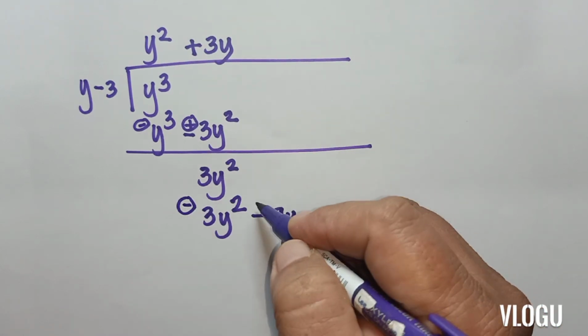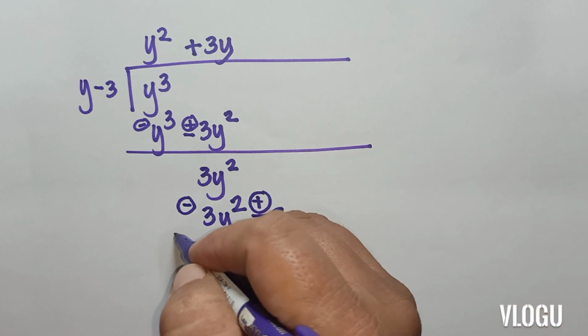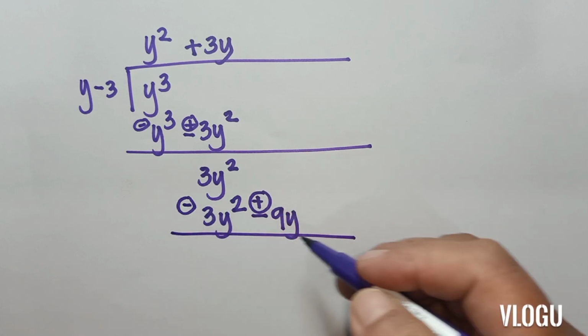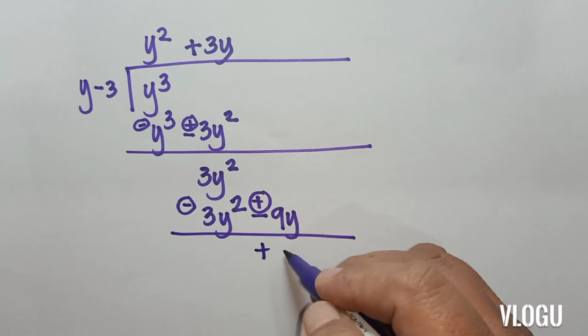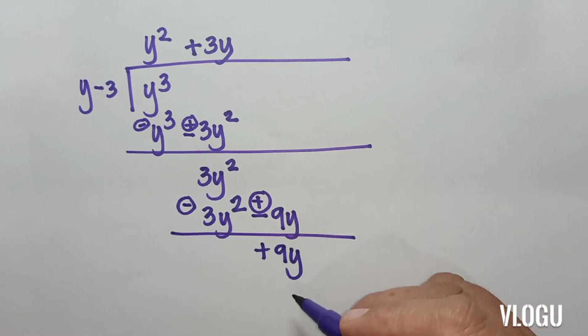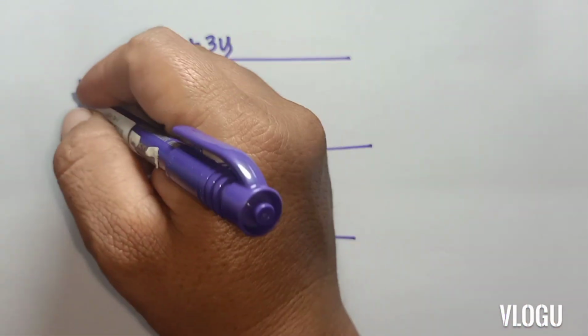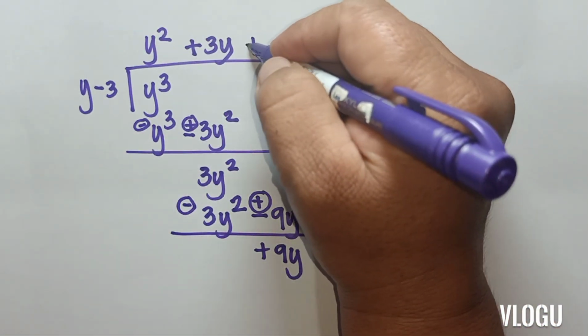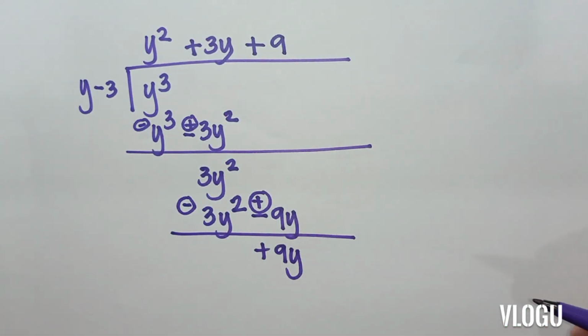Change the sign, so this is now 0, and we have plus 9y. 9y divided by y gives plus 9.